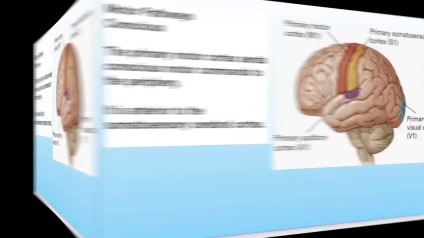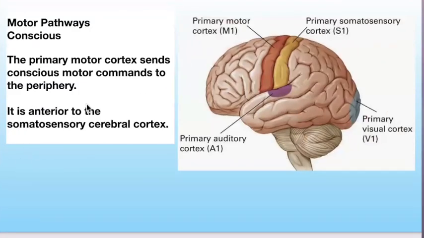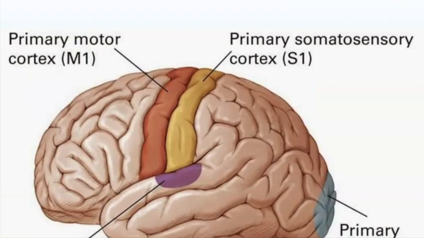So moving on. The primary motor cortex sends conscious motor commands to the peripheral nervous system. It is anterior to the somatosensory cerebral cortex. And you see there in that picture that the primary motor cortex is in orange and it's just in front of the primary somatosensory cortex.